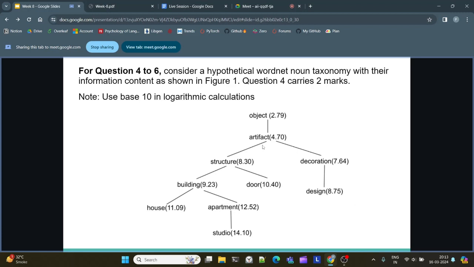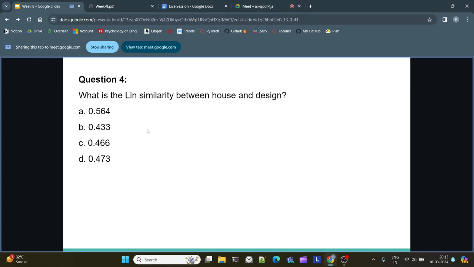That's why I multiplied this 4.70 by 2. Then I divided it by information content of house plus information content of design, that is 11.09 plus 8.75. And we got this result, 0.47373792. Yeah, that's correct.